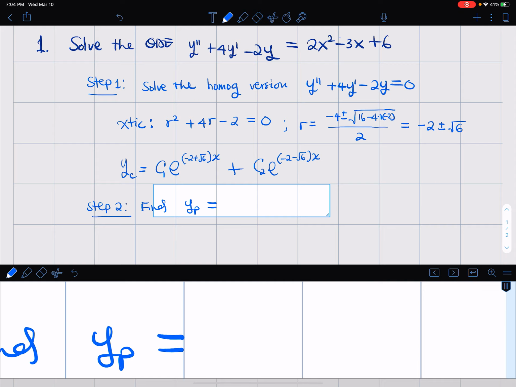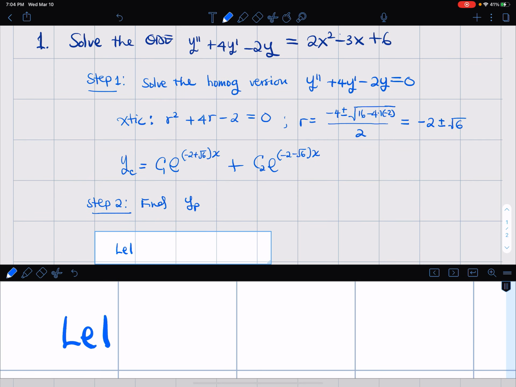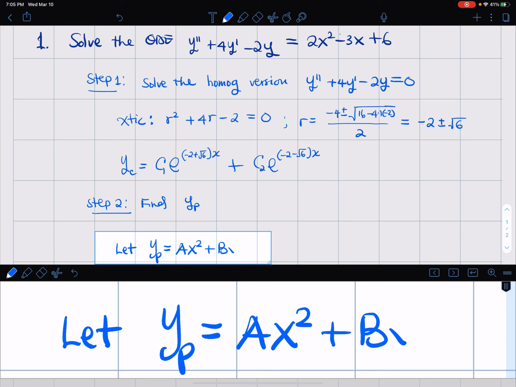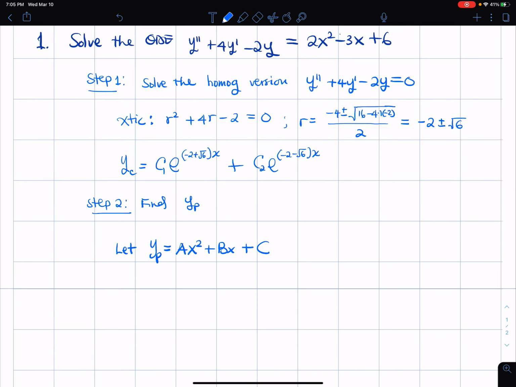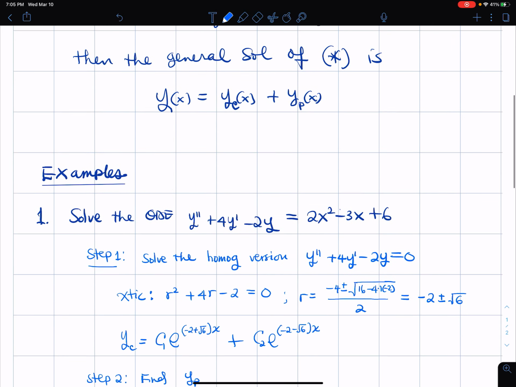So what do I mean? We can let yp be equal to ax squared plus bx plus c, and then we can find these coefficients. That's where we got the name method of undetermined coefficients.